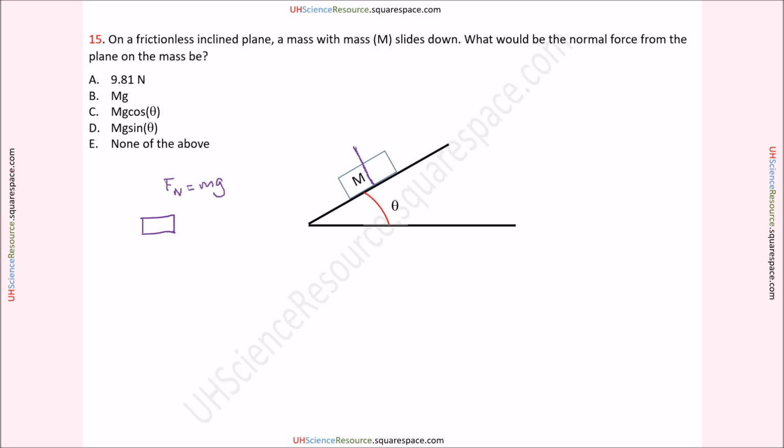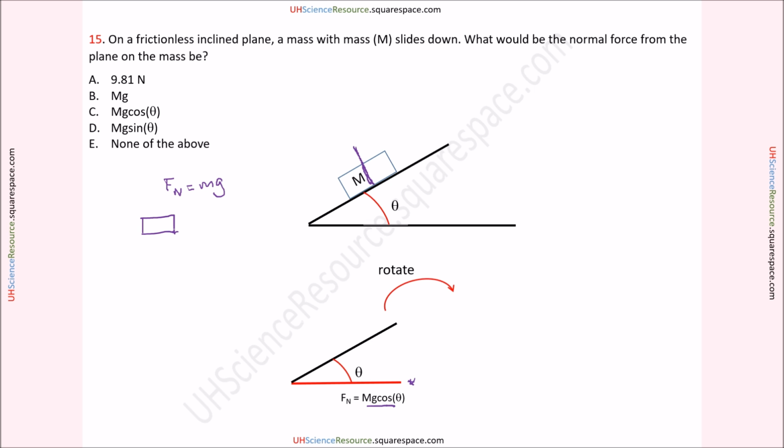However, we know that it's not a straight plane, but rather an inclined plane. So let's imagine what that would be. If we were to try to figure out what this is, we can say that this right here is going to equal the normal force, which is equal to mg cosine theta.